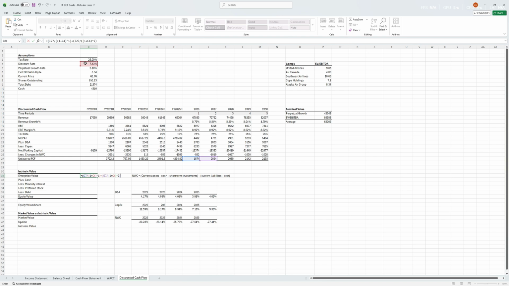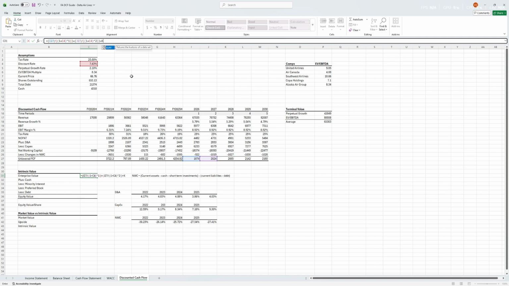And then boom, that's our formula for that section. And here, my parentheses are slightly off, so let me fix that real fast. There we go.